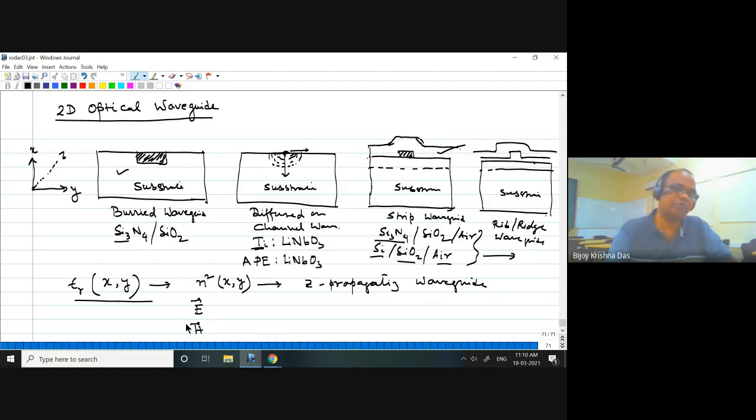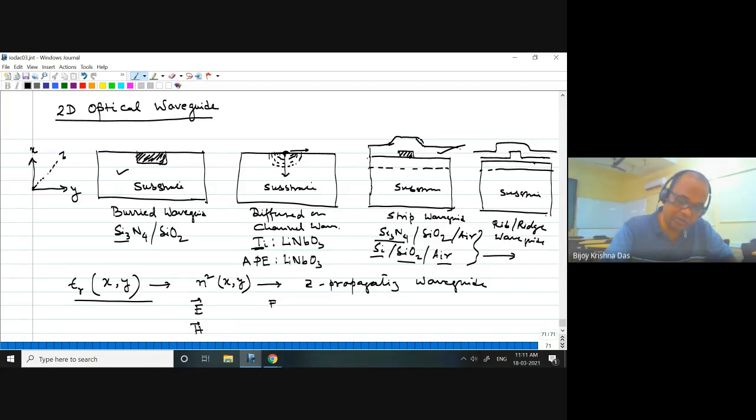From our knowledge of the 1D waveguide, we know there will be certain distributions, right? Some pattern will be there, and that pattern will remain constant along the z direction because it is a z propagating waveguide. Since it is a 2D waveguide, that pattern must be xy dependent.